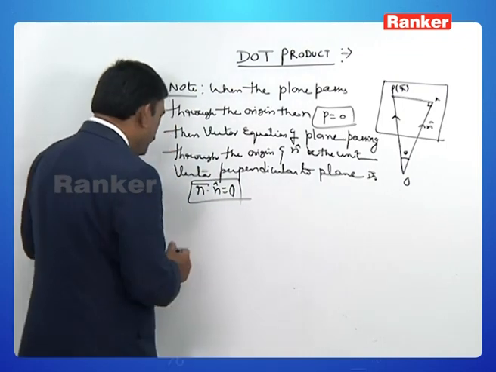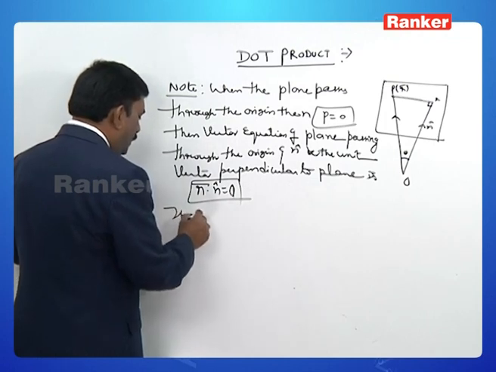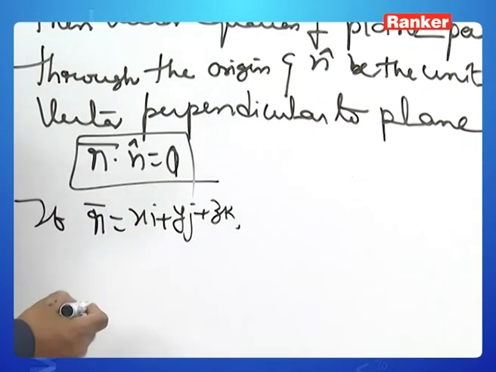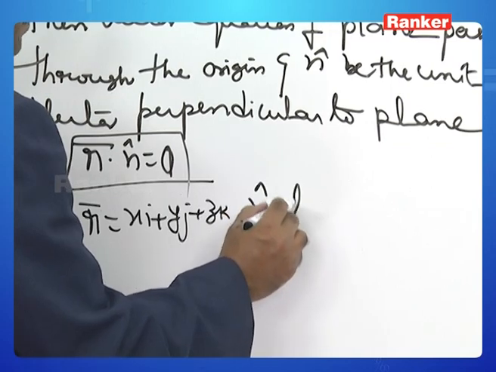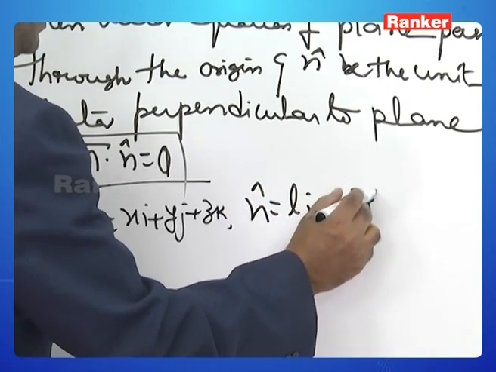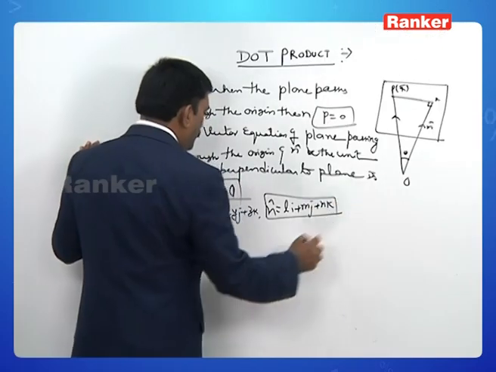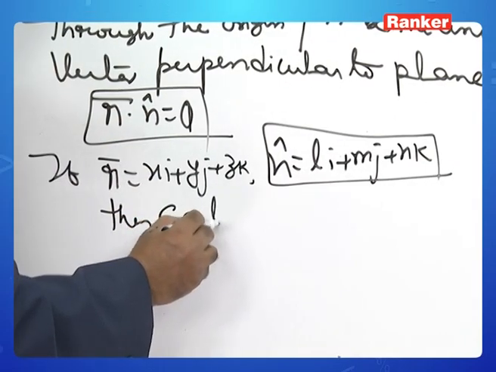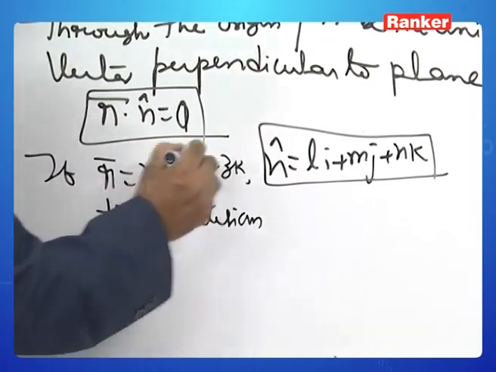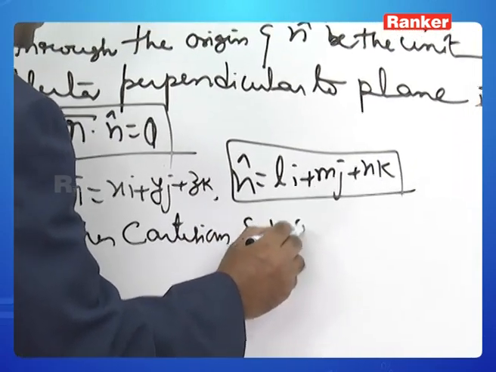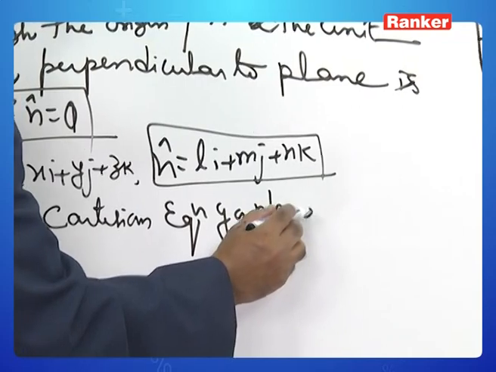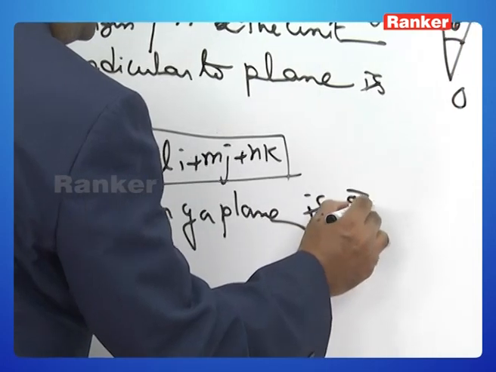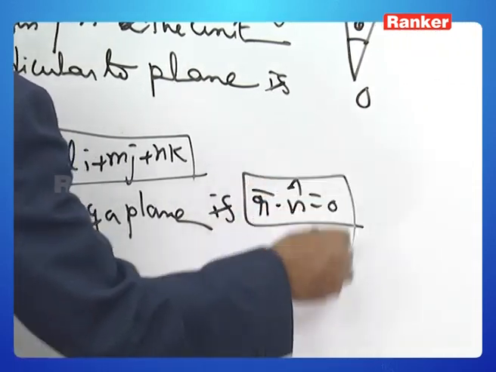That is, if r bar is equal to xi plus yj plus zk and n cap is equal to li plus mj plus nk, then the Cartesian equation of the plane is r bar dot n cap is equal to 0.